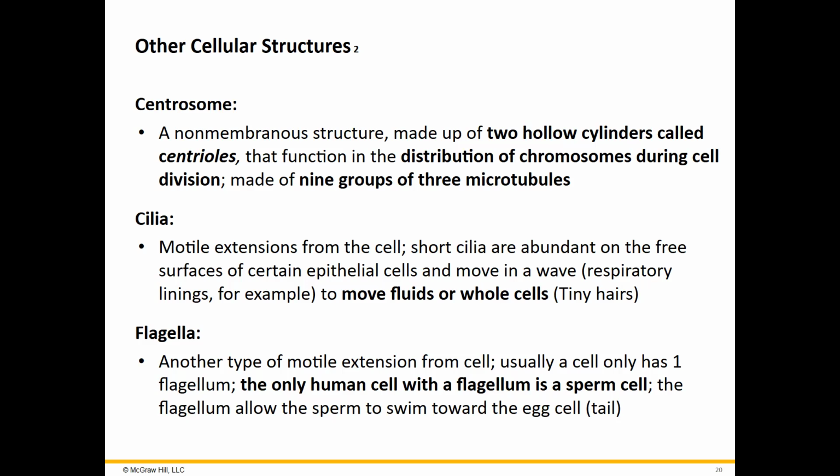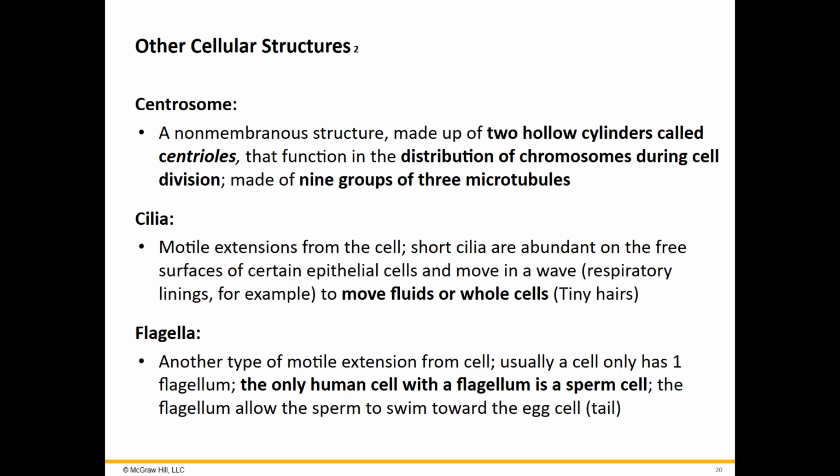We link them into a category with the cilia and flagella because centrosomes have to do with how things move around the cell, and cilia and flagella are also structures related to movement. Cilia are little tiny hairs on the outside of a cell, most important for moving things like fluids or other cells.